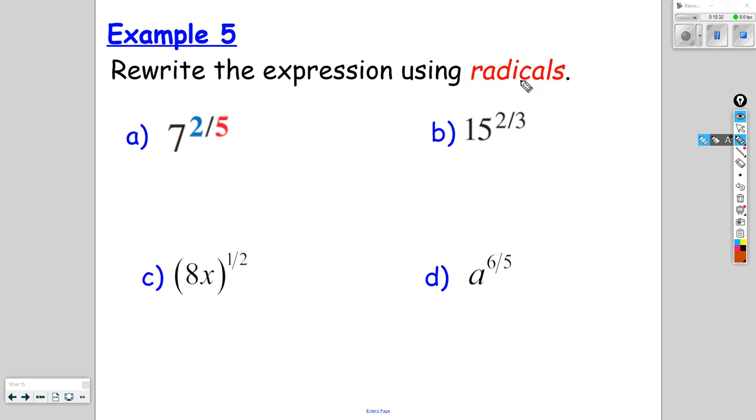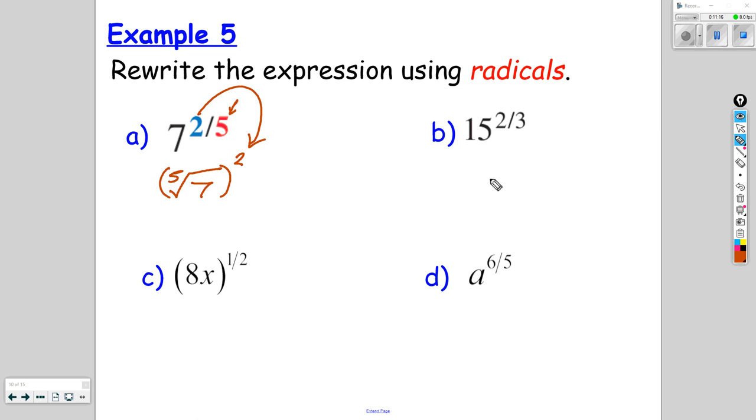So we just have to reverse everything that we just did. The denominator is the index of the radical, and of course the numerator is what's on top, so that's what we're raising this thing to. So it's going to be the 5th root of 7 squared. 2 is on top of the fraction, so that's what we're raising this thing to, and 5 is on bottom, so that's the index.